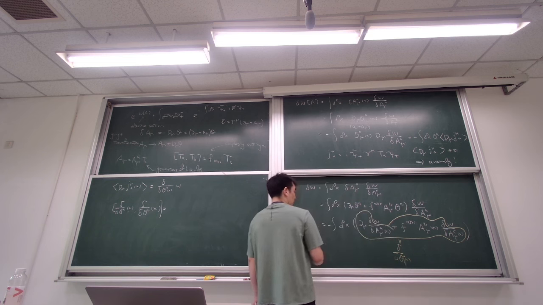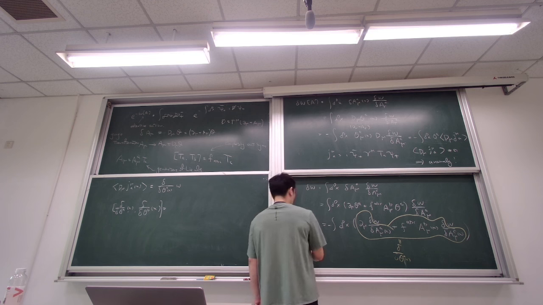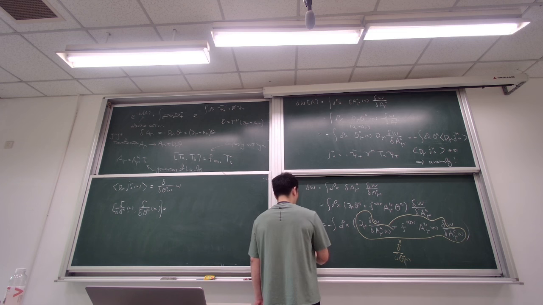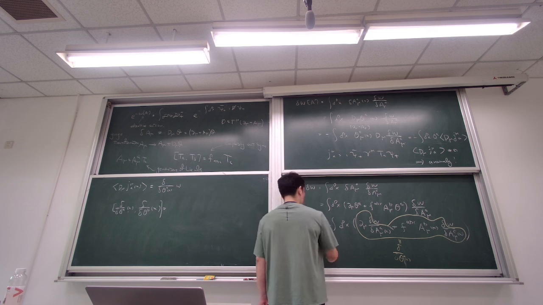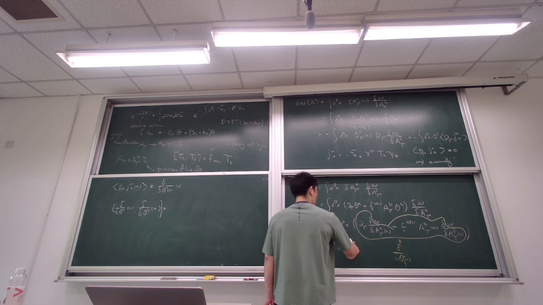I'm not going to go into the details. So the partial mu A mu plus F A B C A mu B del A C mu.